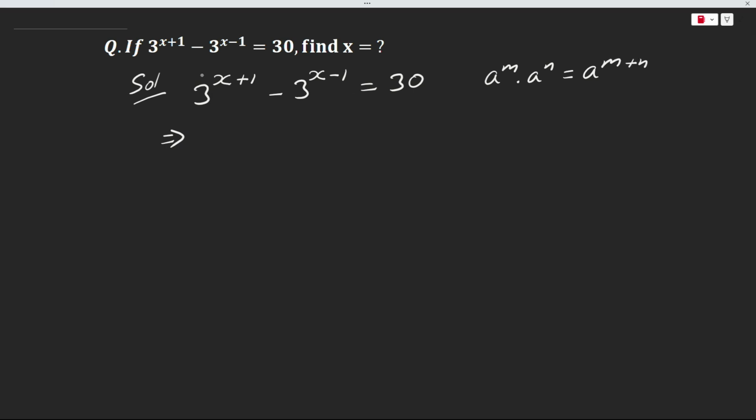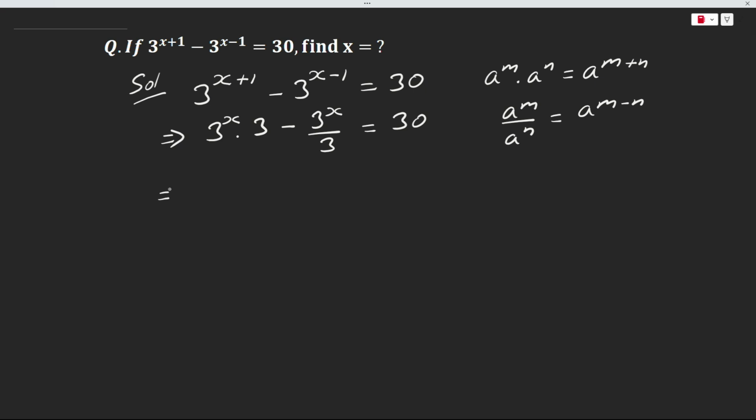We can write this as 3 raised to the power x times 3 minus, again using the exponential law, a raised to the power m by a raised to the power n equals a raised to the power m minus n. We can write this as 3 raised to the power x by 3 equals 30.